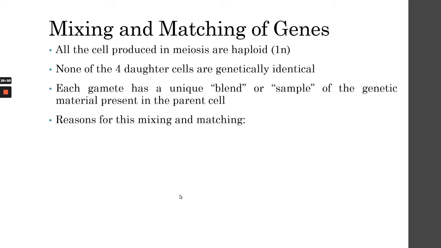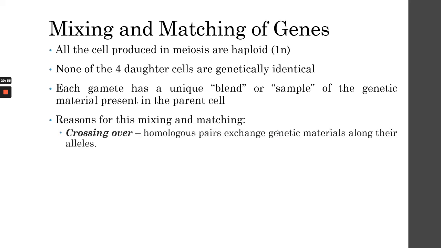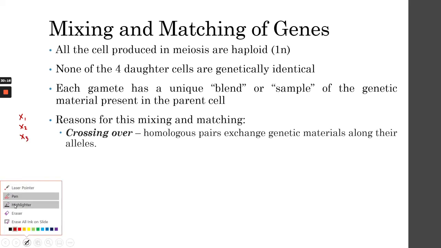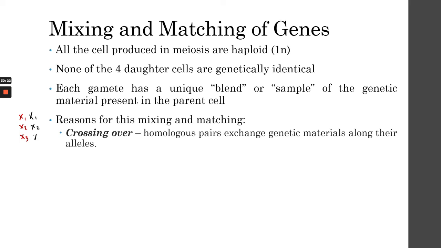That is because there is a blending of the DNA, and this happens during crossing over, where the homologous pairs exchange genetic materials along their alleles. So alleles is basically the same gene of the other chromosome pair. So you remember we have chromosome pairs, and these chromosome pairs actually duplicate for the same thing because they both contain the same DNA code for the same expression.